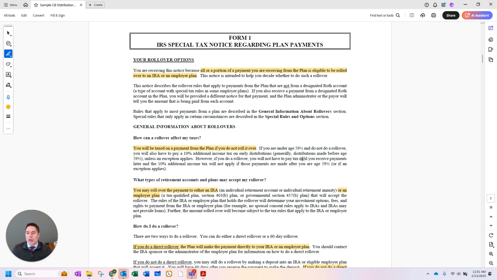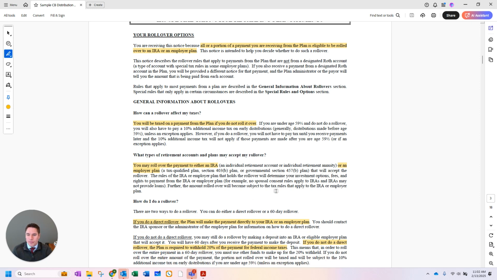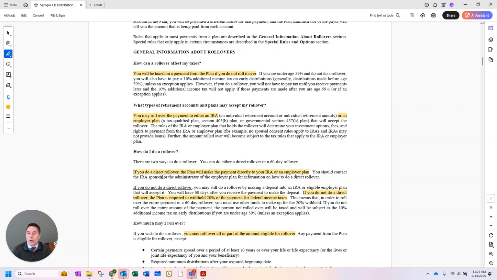And so the whole purpose of the retirement planning and these plans is the government will defer taxes. We want them to defer taxes as long as possible. If you do not roll it over, you'll be taxed on the money right now. Definitely not recommended. It says you may roll over the payment to either an IRA or the employer plan. If you do a direct rollover, you will make the payment directly to your IRA or the employer plan.